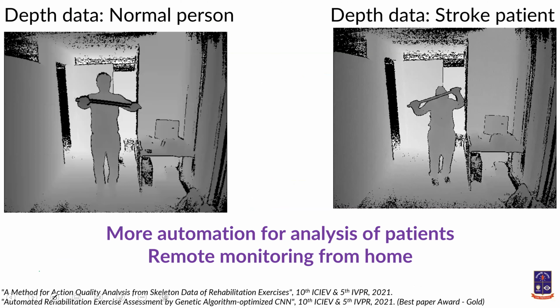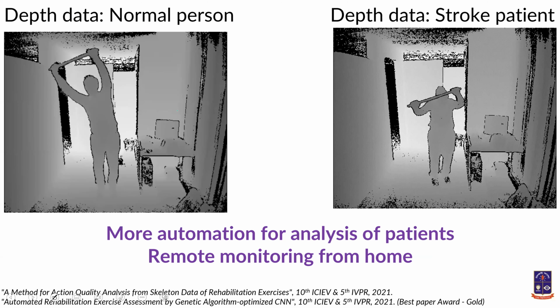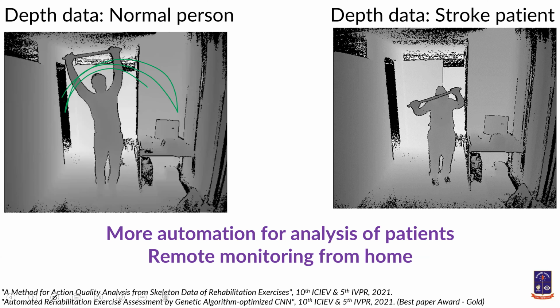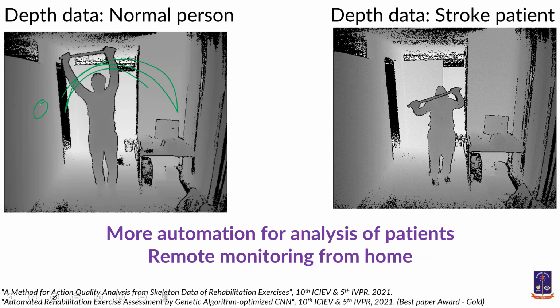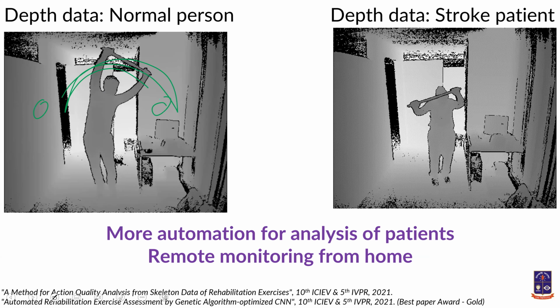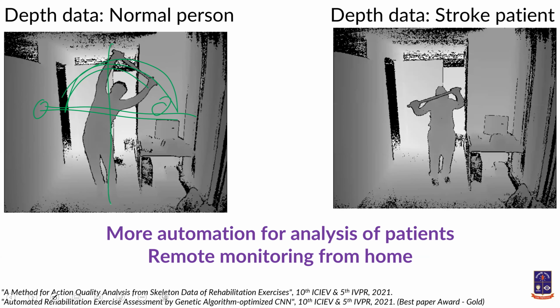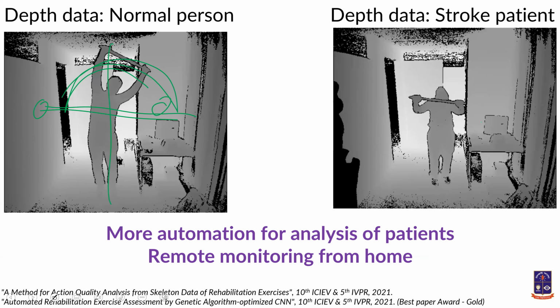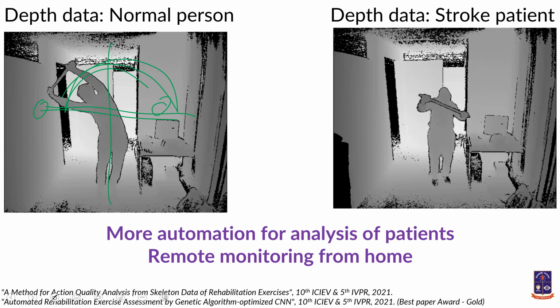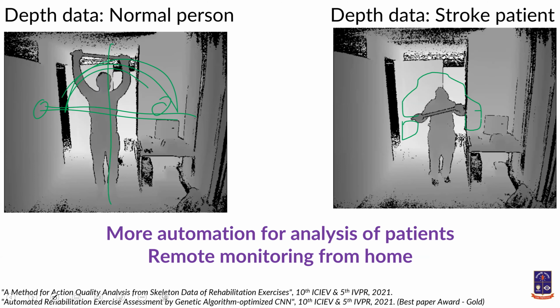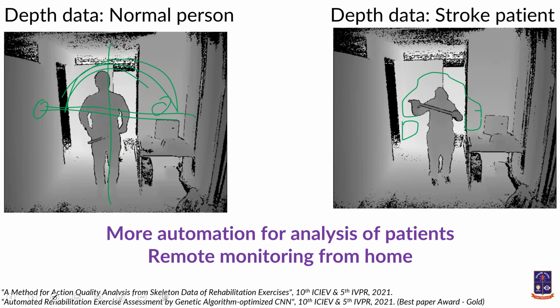As I mentioned in the beginning, when a normal person is doing exercise, it's rhythmic, and you see this is one corner and this is the other corner, and more or less it is in the vertical position. But look here, it even cannot go up. So the exercises are different.